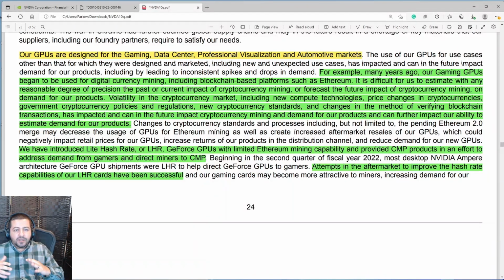But regardless, that exposes Nvidia investors to the risk that Nvidia's sales are going to be connected to cryptocurrency prices. So if cryptocurrency prices decrease, that will decrease demand for Nvidia's GPUs, and vice versa. If they increase, it could increase demand for Nvidia's GPUs.